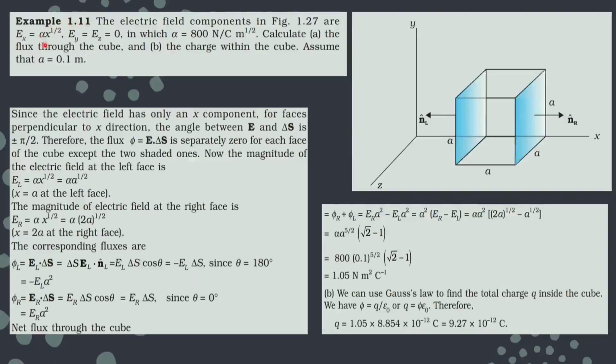So the direction of the electric field is along the x direction, and area vectors are as shown in the diagram. So for the left face this angle will be 180, for the right face theta will be 0.